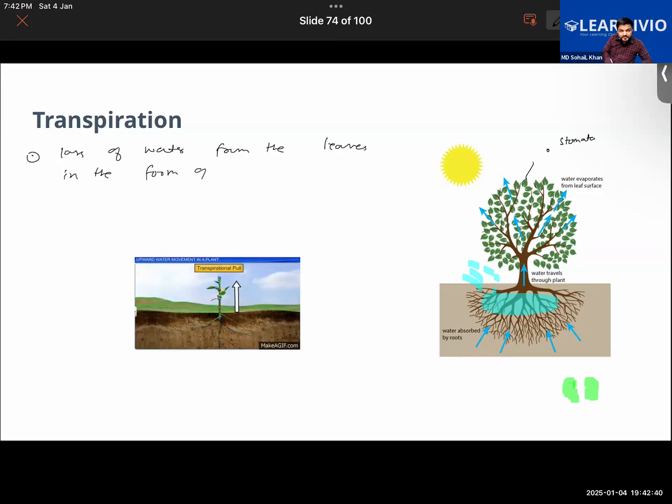You would be familiar that leaves have tiny pores in them, called stomata. The water is lost from the stomata in the form of water vapor, WV. Further we will write down that evaporation of water from the leaves creates a pulling force in the upward direction.